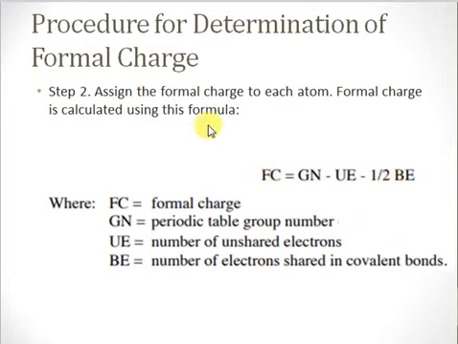For the atom for which we are calculating the formal charge, we have to consider its group number, minus the number of lone pairs or unshared electrons it has, minus half the number of electrons shared in a covalent bond. So now we have the formula, and let's see how we can calculate the formal charge for this hydronium ion.